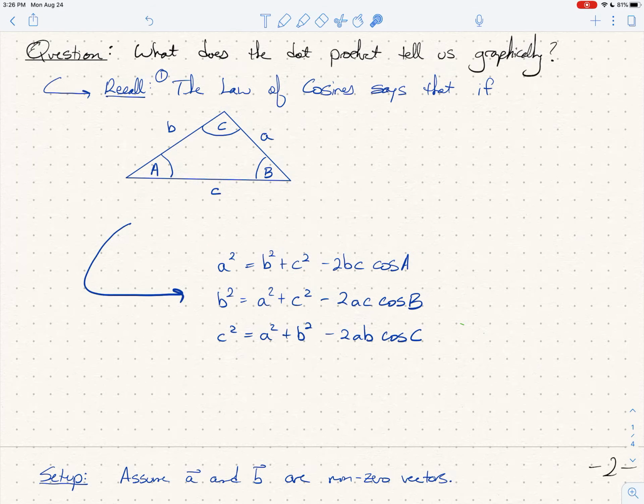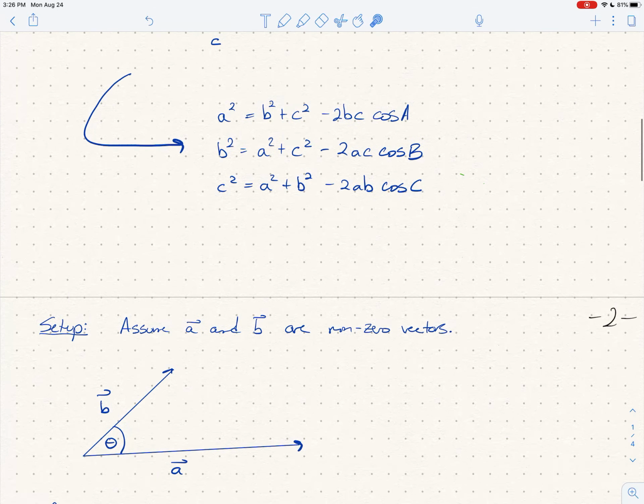So I need that law, so let's go ahead and draw a picture together. All I want to do is pick out two non-zero vectors, A and B. And there they are. I've drawn them for you.